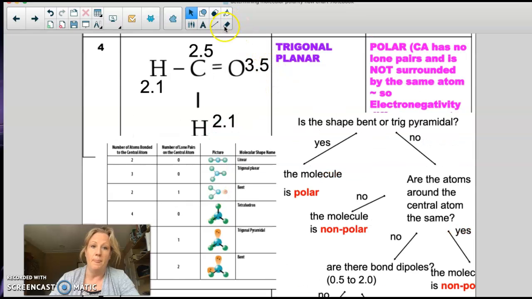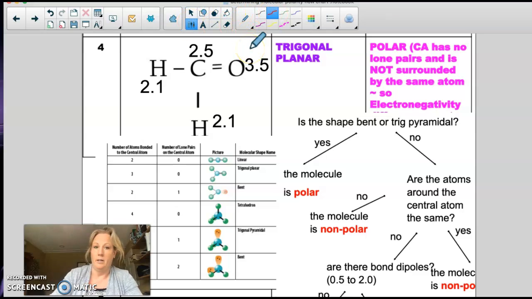So let's do that. If I calculate the electronegativity difference for these electrons here, hydrogen is 2.1 and carbon is 2.5. So that's a 0.4 difference, so there's no bond dipole. I don't draw that arrow there because we essentially just say that they're sharing equally.